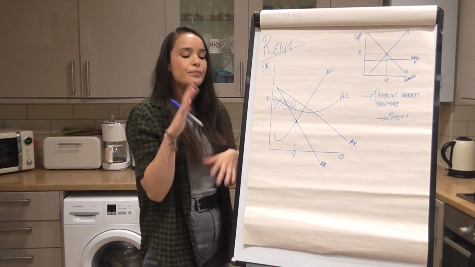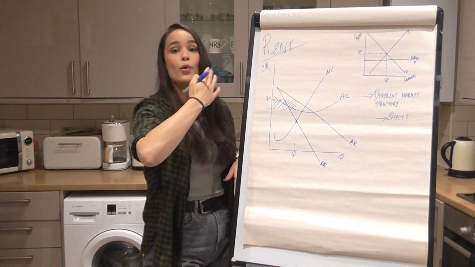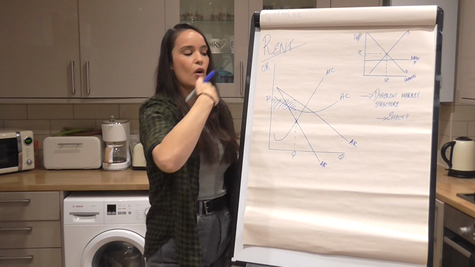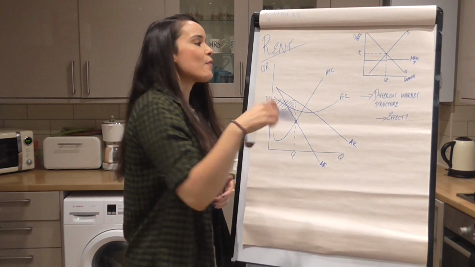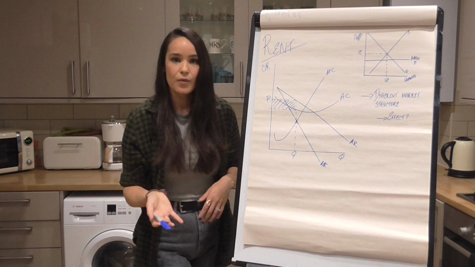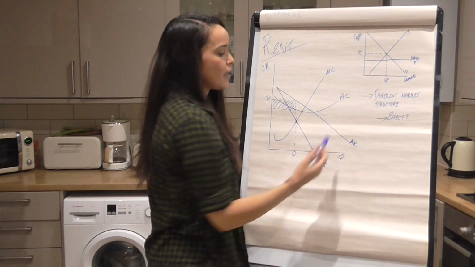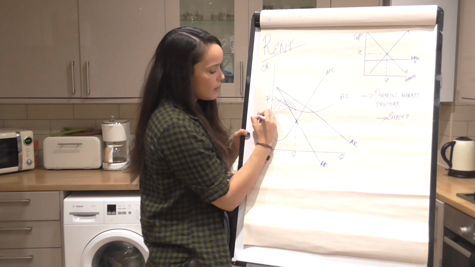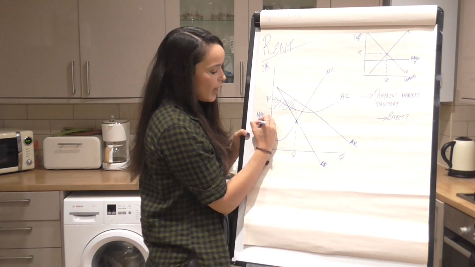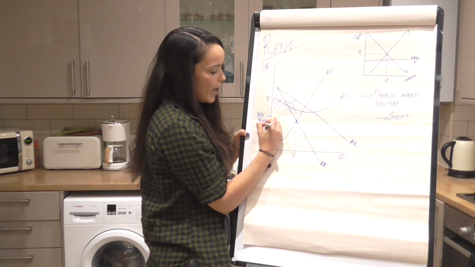The LRAC is going to follow the normal long run average cost where it falls, so you've got economies of scale and then diseconomies of scale. However, we may be in a situation where this maximum price here is actually set at this point. So this might be the maximum price for this landlord.